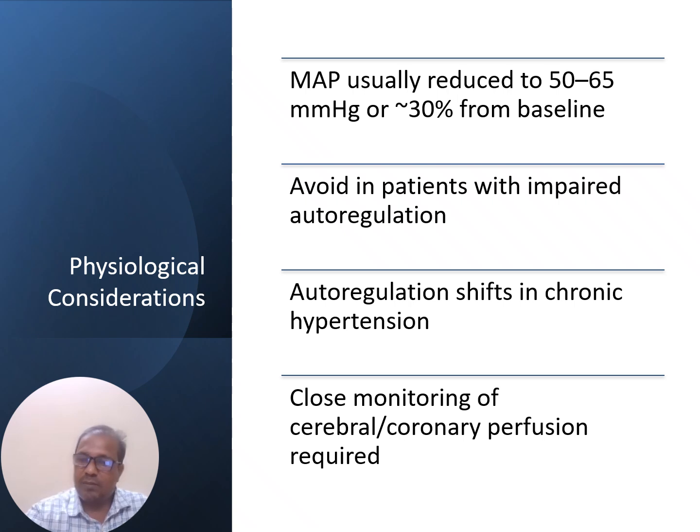In case of chronic hypertension, the autoregulation curve is shifted. We will have to consider this in chronic hypertensive patients, and we must closely monitor the patient for adequate cerebral and coronary perfusion.